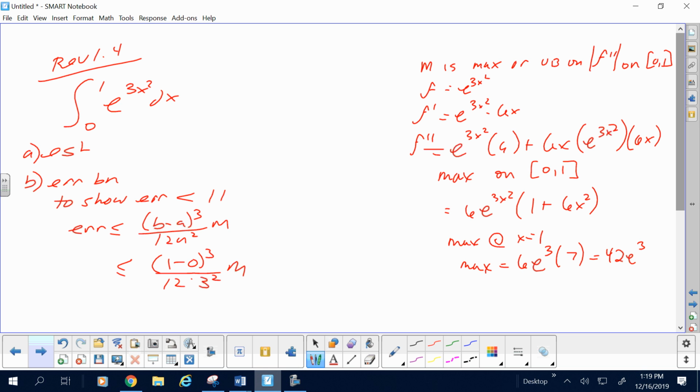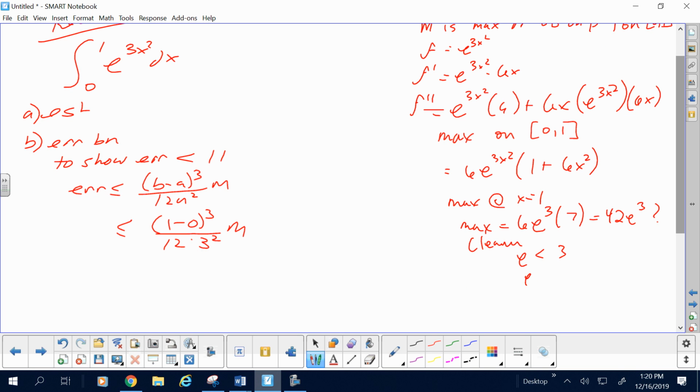All right. Now, a big idea of calculus is often that, if you don't know e to the 3x squared from 0 to 1, you probably don't know 42e cubed either. So it's pretty common, this will be more second semester, that you make this a cleaner version. Now, you know that e is less than 3, okay?